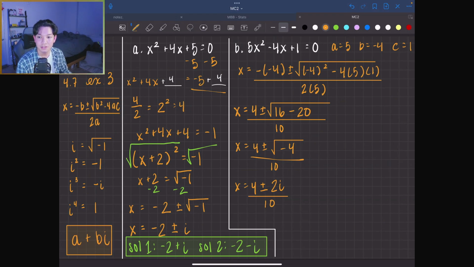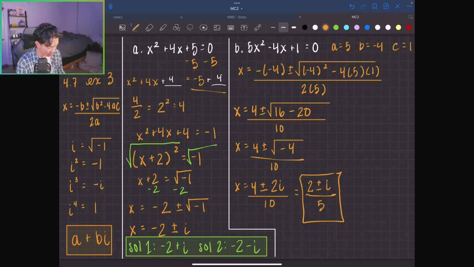Awesome. So we have 2 solutions here, okay? Well, actually not yet. We can simplify 4 and 10 and 2 and 10 because they're all even numbers. So we can reduce this to 2 plus or minus i over 5. Cool.